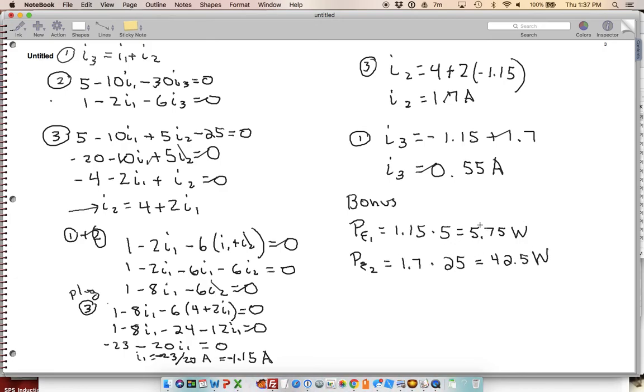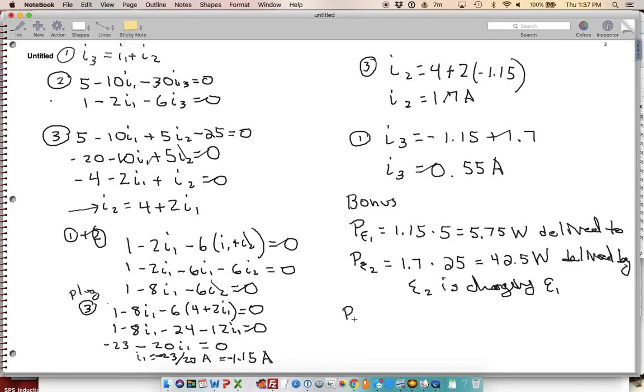So this is going to be delivered by E2. E2 is charging E1. And they want to know the power delivered to each resistor. So that's the same as we did before. So PR1.